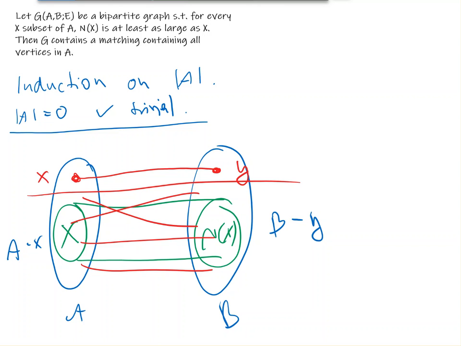Okay, good idea. What could go wrong? One thing that could go wrong is that there is a set X for which in this new graph the neighborhood is smaller than X. It could look like this.